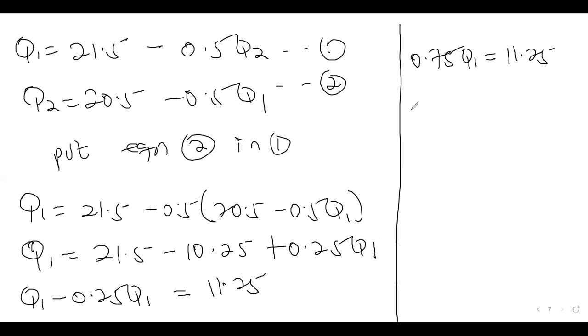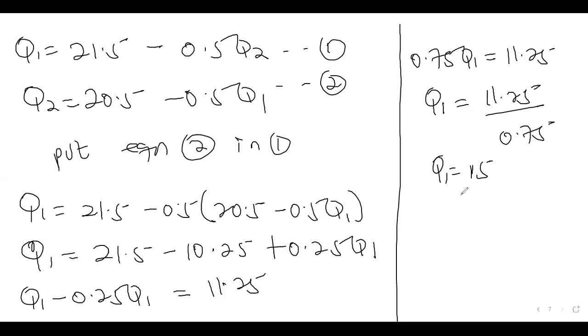When you divide both sides by 0.75, we will have Q1 to be equal to 11.25 divided by 0.75. So that is going to give us Q1 is equal to 15.